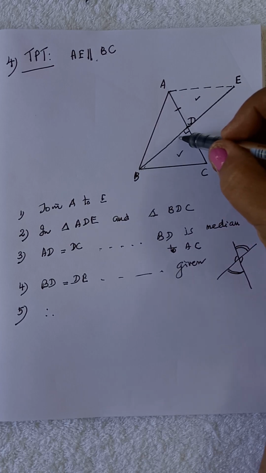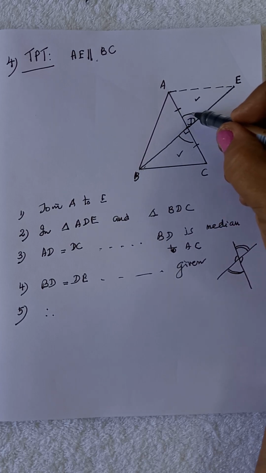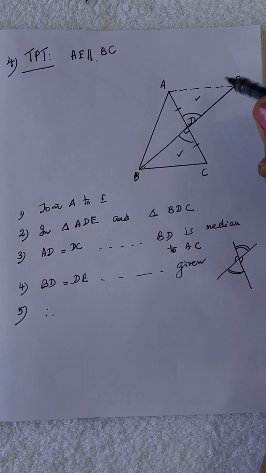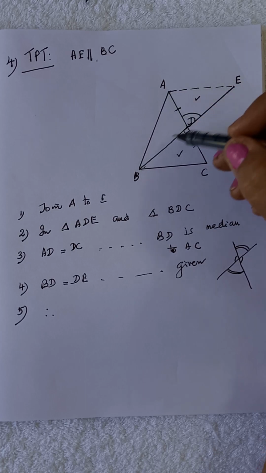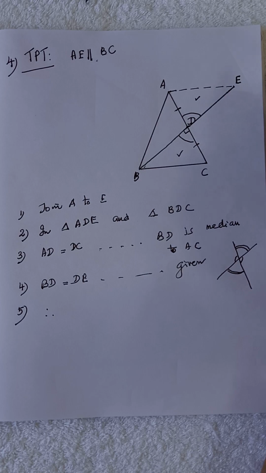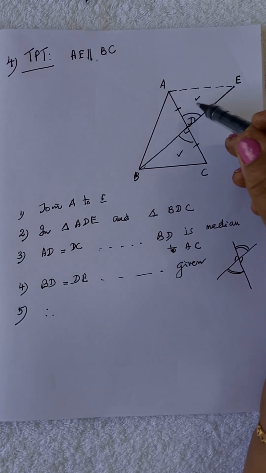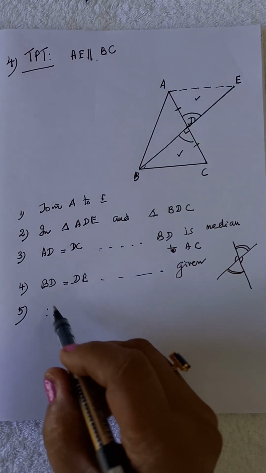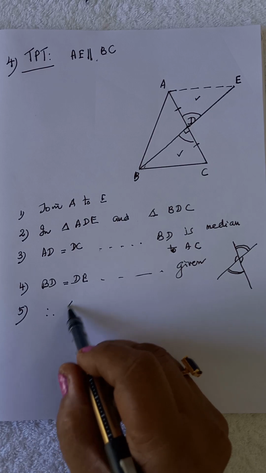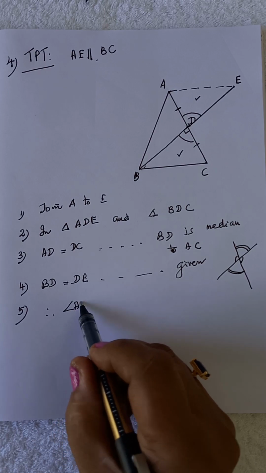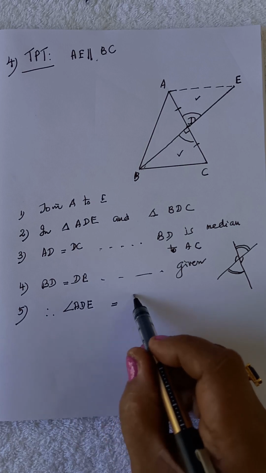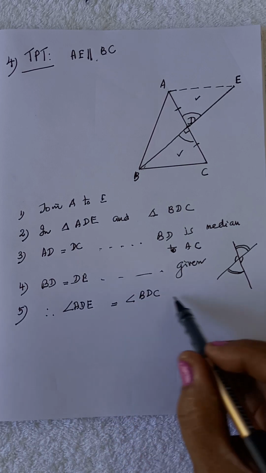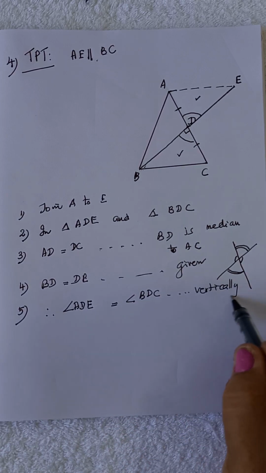These two are vertically opposite angles and are equal. Like that, ADB and EDC also. But we have to take these two only in these two triangles. So we can write, therefore, angle ADE is equal to angle BDC. Reason is vertically opposite angles.